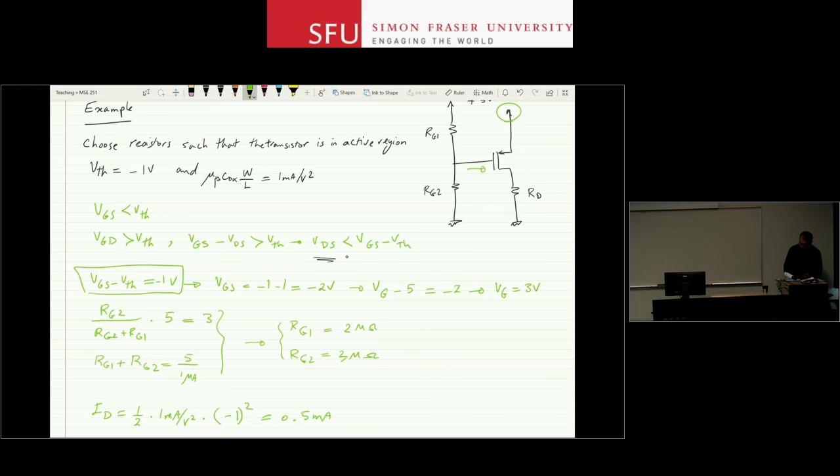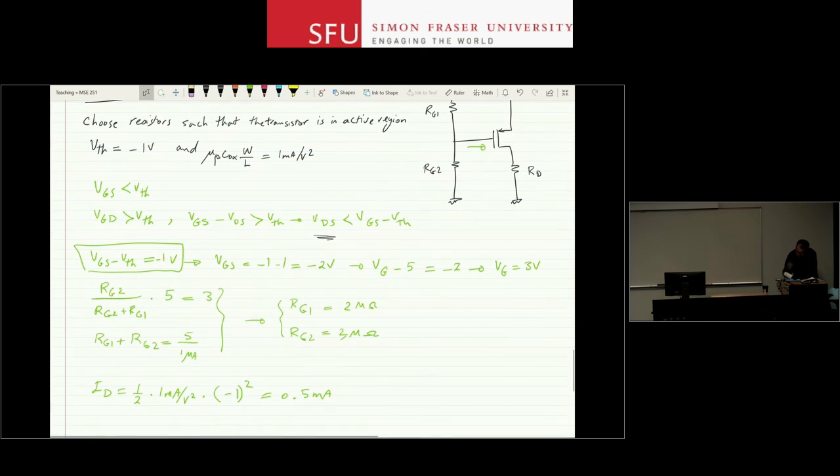I choose it to be, let's say, 3 volts. Then RD is going to be 3 volts divided by half a milliamp, which is 6 kilo ohms.